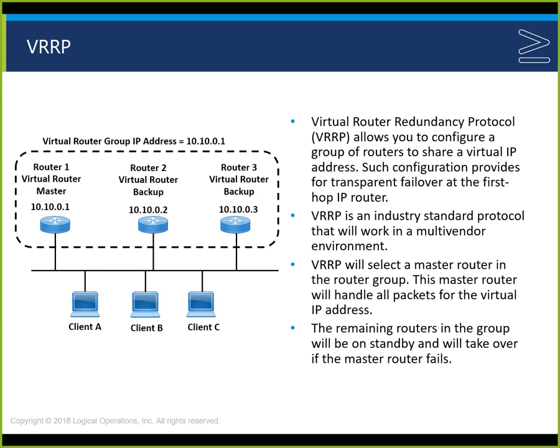In HSRP, we had to enable preempt so that once the main router got fixed up and running, it would take control again. VRRP preempt is a default. So now with the slides, VRRP allows you to configure a group of routers that share a virtual IP address.